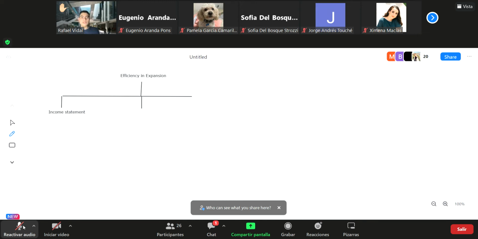We have the balance sheet. This is the same as doing it for the profit, right? We are going to find if we have a problem in revenue or cost.